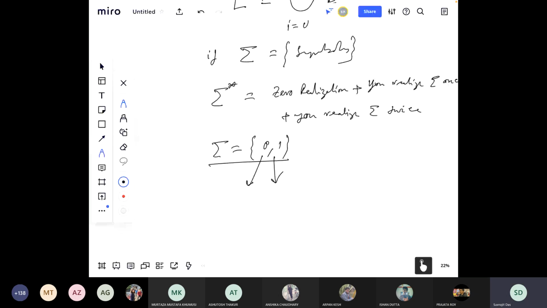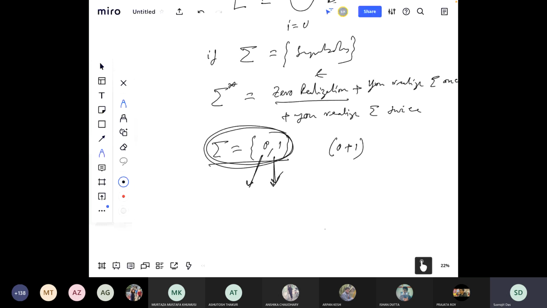This plus means or. Realization of sigma 0 times means you don't take sigma at all. That is epsilon. And you realize sigma once means either you have a 0 or 1.